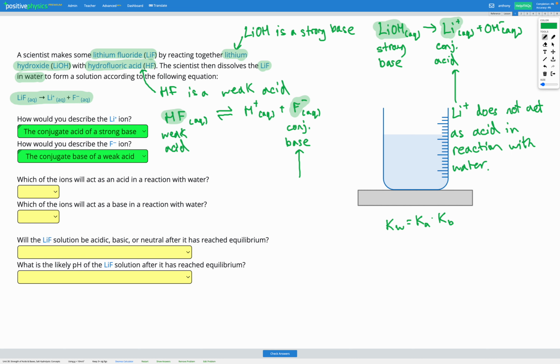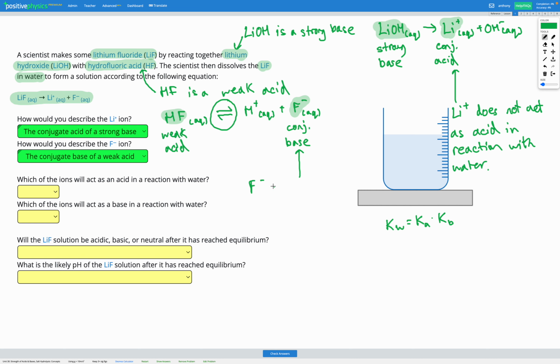Well, that is the conjugate base of a weak acid. We can see that reversible arrow there. That means that not only can HF dissolve in water to form H+ and F-, it also means F- can react with water or H+ ions to form back into HF. So this backwards reaction does occur because it's a weak acid, meaning it goes forwards and backwards. That means that our conjugate base F- will react partially with water and act as a base.